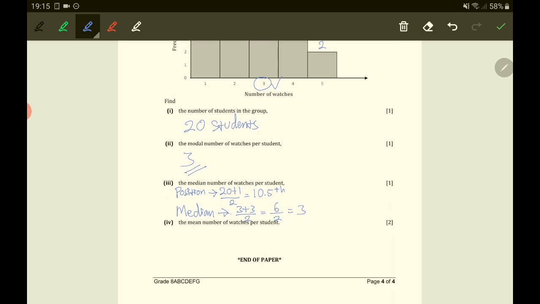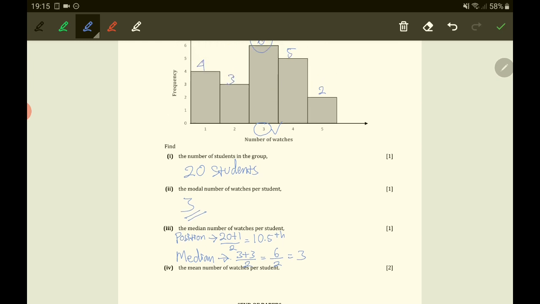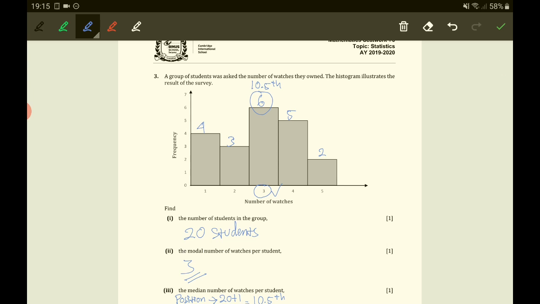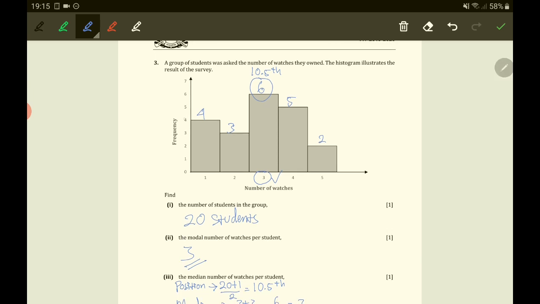Now the last one, to find the mean number of watches per student. How do we find the mean? In this case, you need to multiply the frequency with the number of watches. Because the frequency is 4 and the number of watches is 1, you multiply 4 times 1.